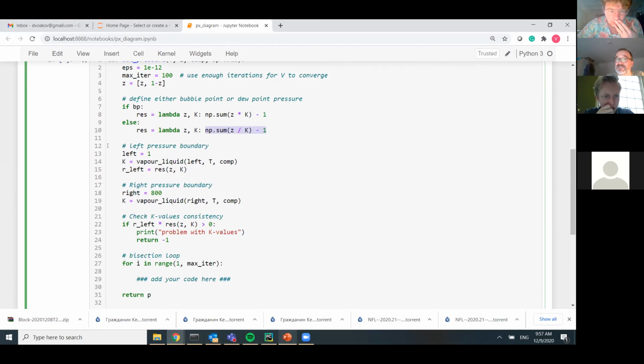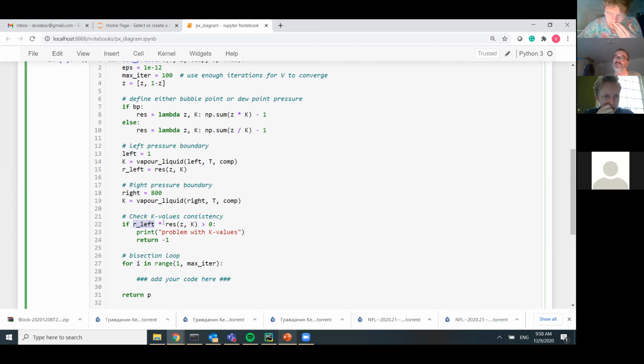And then what it does, it starts from a large bound. I just take the bound between 1 bar and 800 bars. It computes the K value, and then it computes the residual for the left and the residual for the right. Of course, they need to have different signs, because remember, bisection only works when you have monotone functions crossing zero.